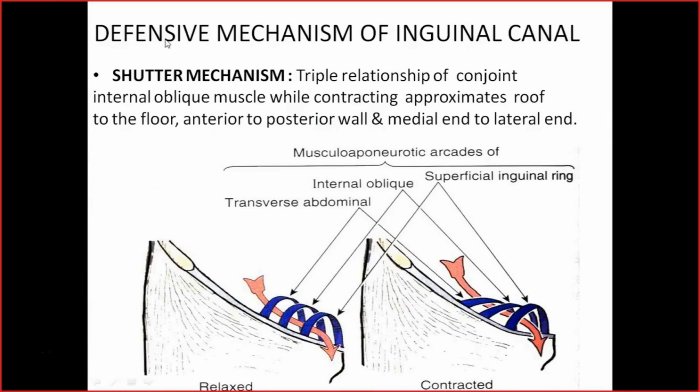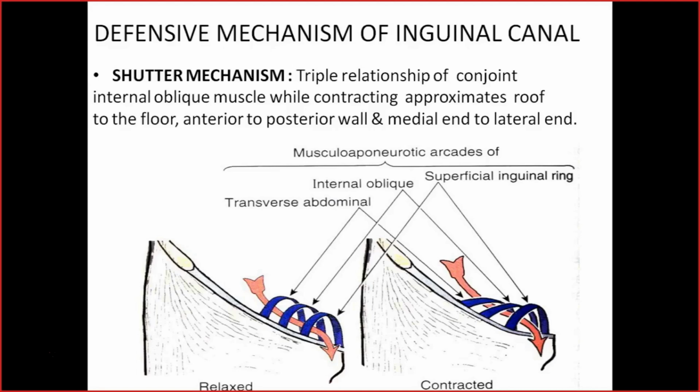Then we have the shutter mechanism, which you have to remember, very important. The shutter mechanism is mainly by the triple relationship of the conjoint tendon. The conjoint tendon is formed by internal oblique and transverse abdominis. It contributes to the posterior wall formation and roof formation, and some fibers also contribute to the anterior wall.